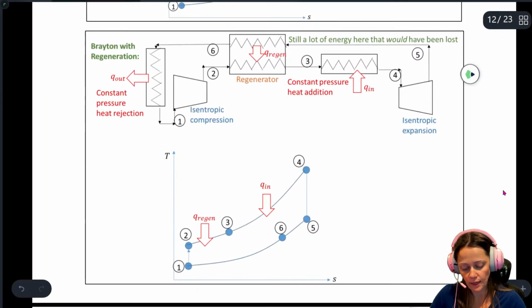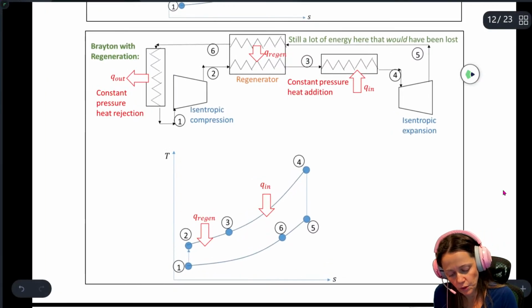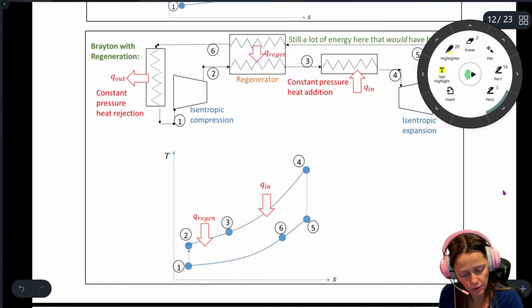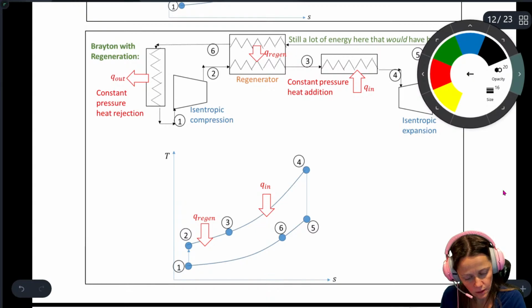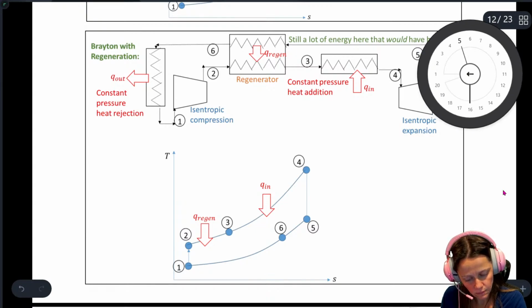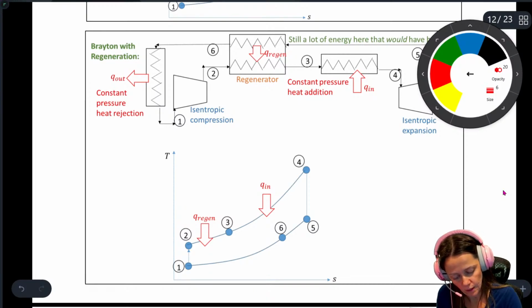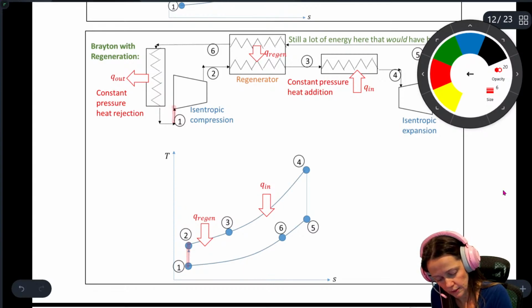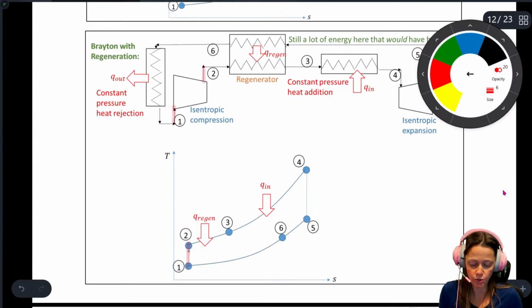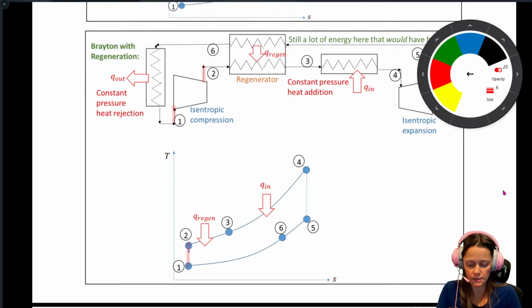And the other thing that happens is, for 1 to 2, let's follow it along. There we go. So from 1 to 2, we've got that isentropic compression, so the entropy stays the same.